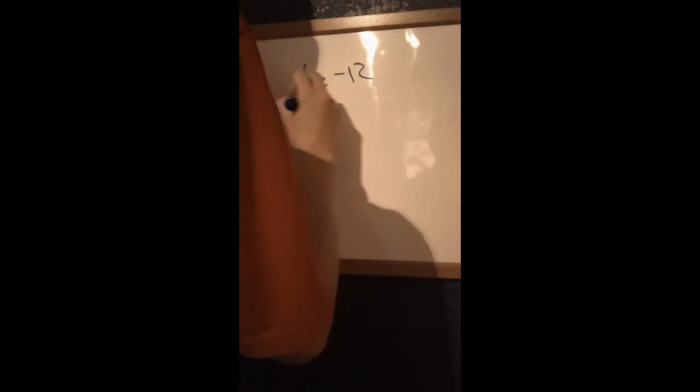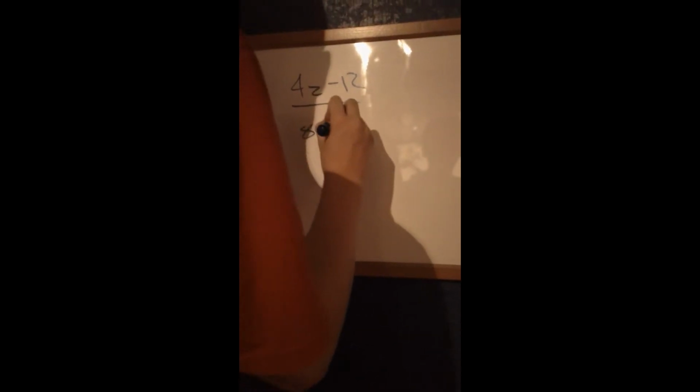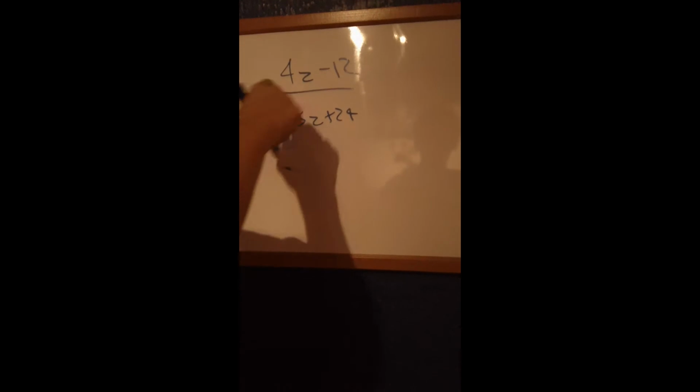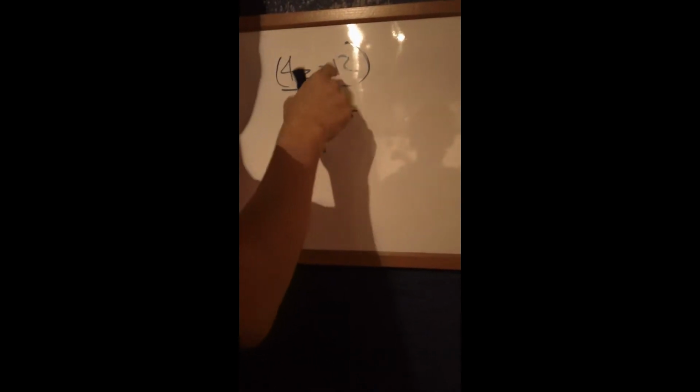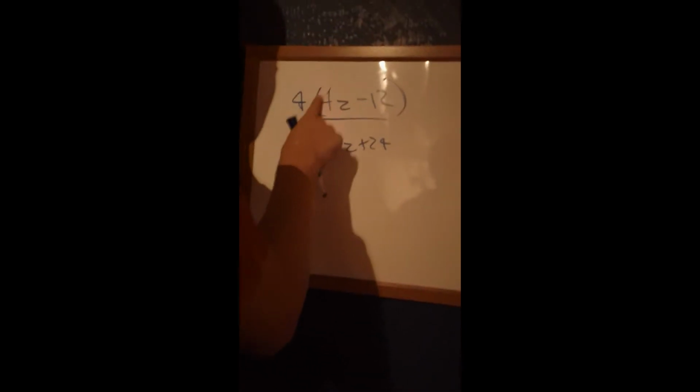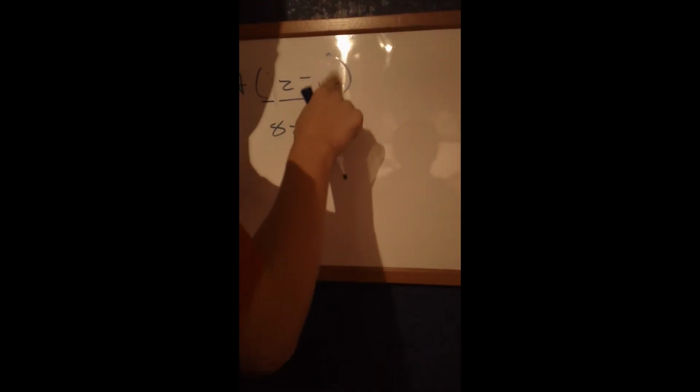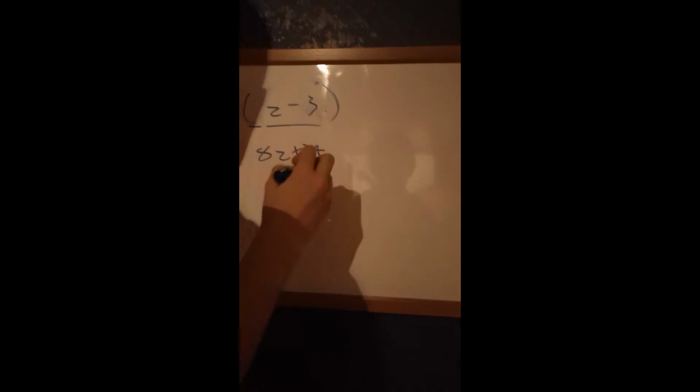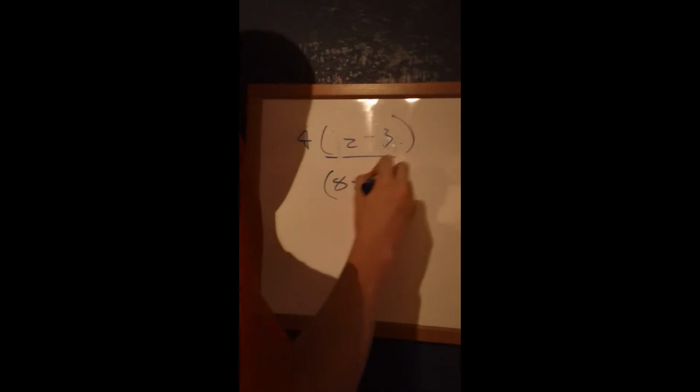Okay, we can do a binomial expression. This is pretty easy. 4z minus 12 over 8z plus 24. You're going to factor out the highest common number, so it'll be 4. This changes this into a 1, and this will change into a 3. Here, the highest number that goes into both is 8.